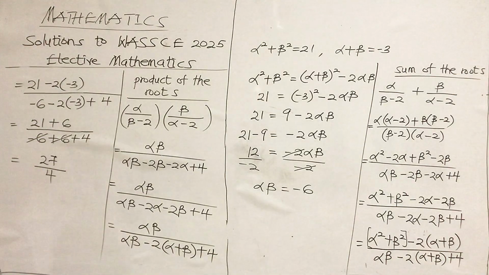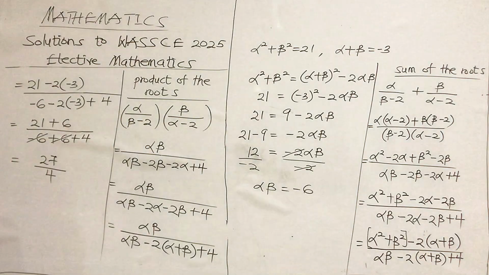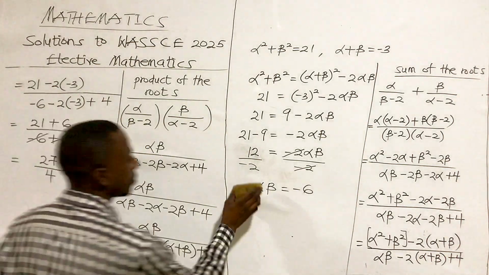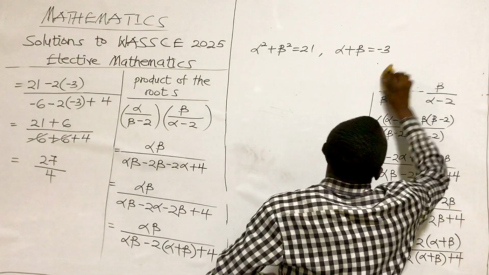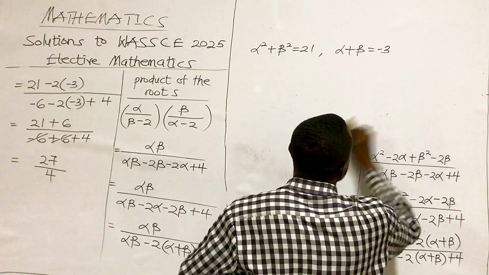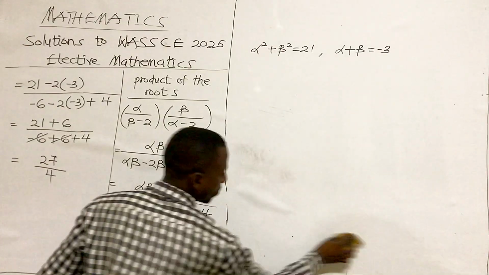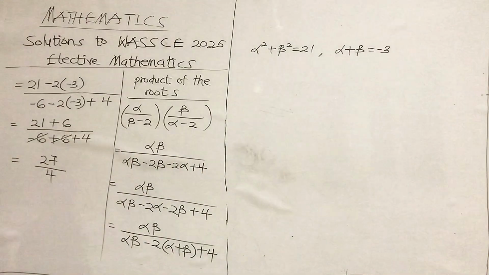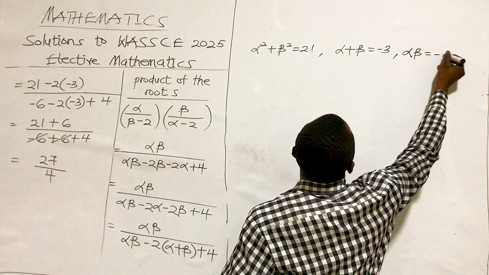So from here, we are going to make substitution. Alpha beta, we had negative 6.